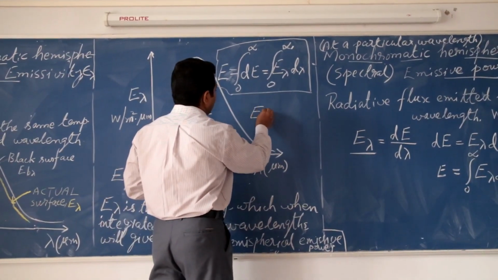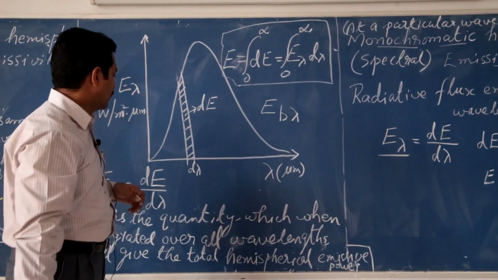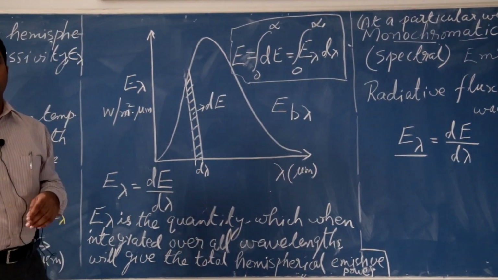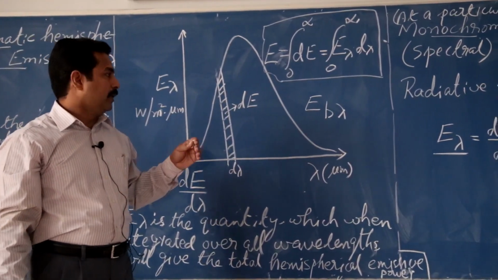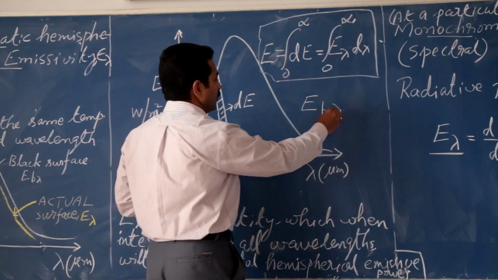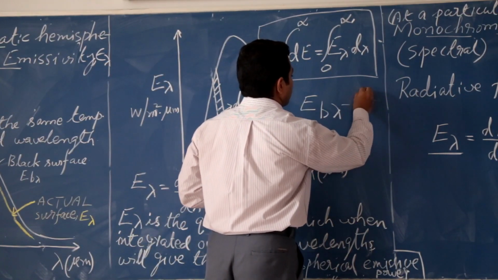What is E B lambda? E B lambda is the monochromatic or spectral hemispherical emissive power of a black surface or a black body.